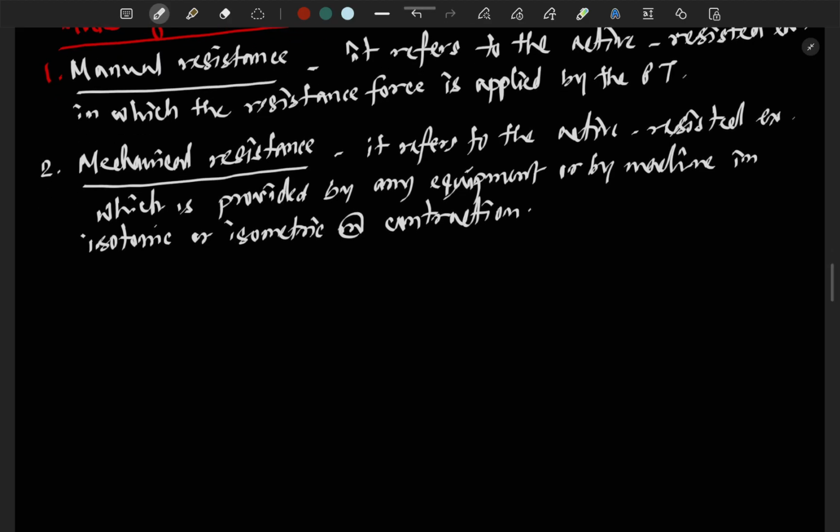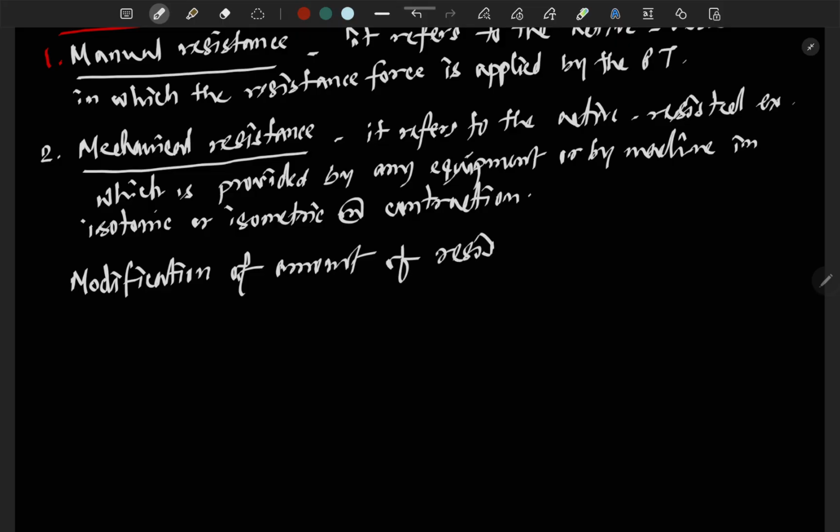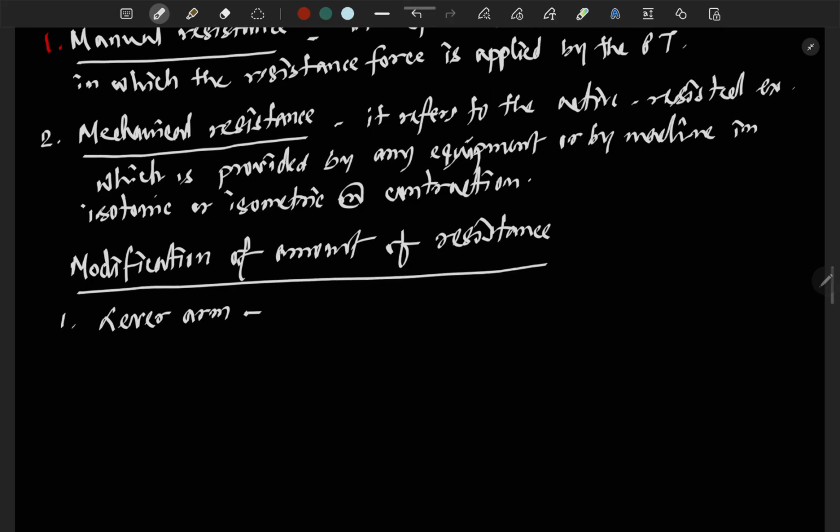the amount of resistance which is offered can be modified by altering the amount of resistance. Number one, modification of the lever arm. Okay, and the lever arm, how? By changing the fulcrum.